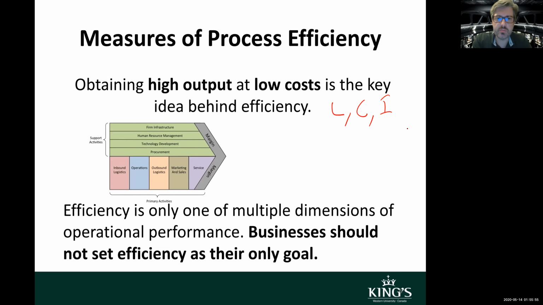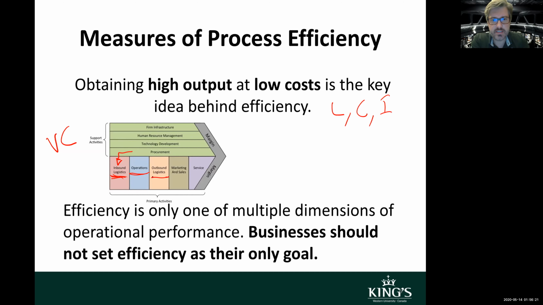So if you go back to Porter's value chain, observe what we're talking about here, and see again if you can make that connection with finance. Inbound logistics, this is procurement, this is acquiring inventory from your suppliers. Your operations, this is your process, right?